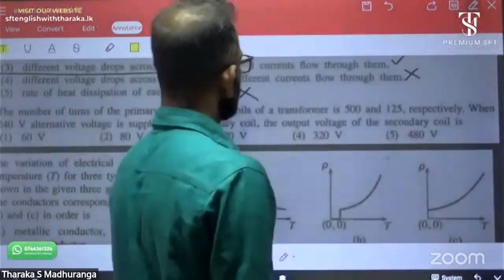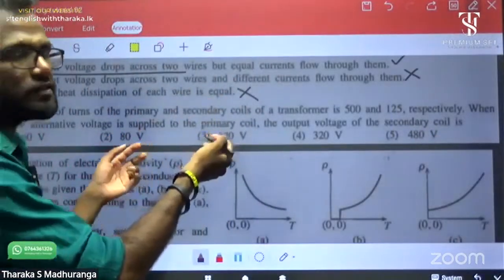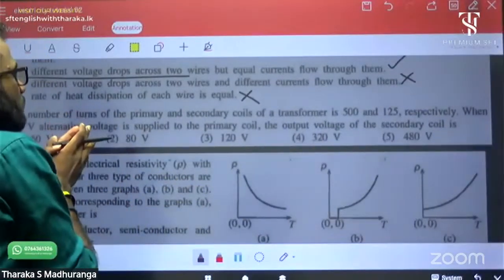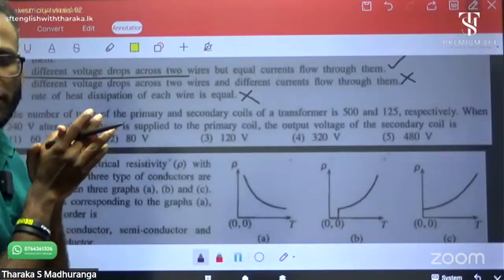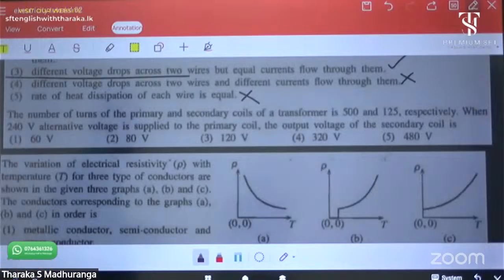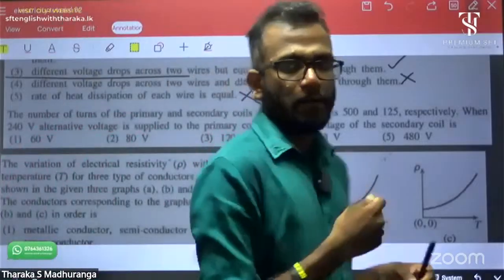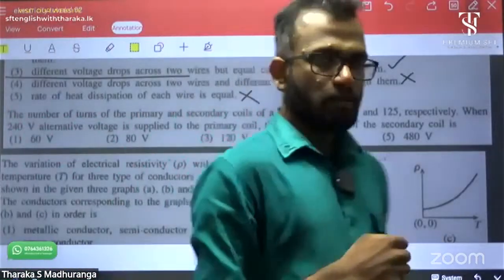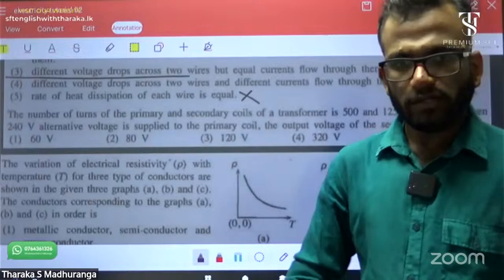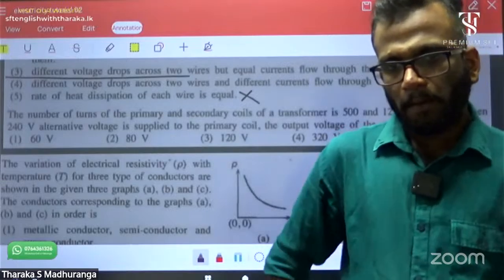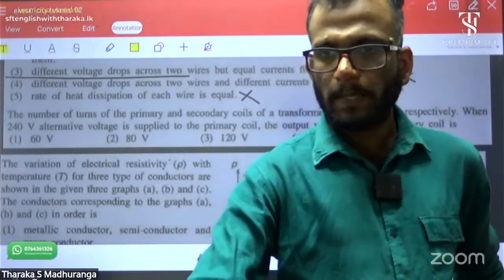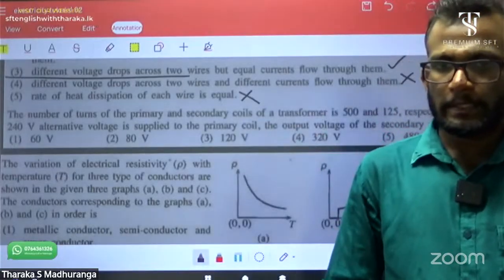Can you identify whether it is a step up or step down transformer?